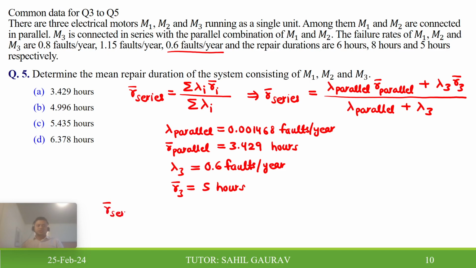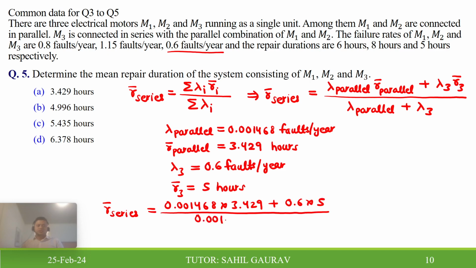Therefore, we can find R bar series. So just put all these values: 0.001468 into 3.429 plus lambda 3, 0.6 into 5, divided by 0.001468 plus 0.6. So do the simplification.